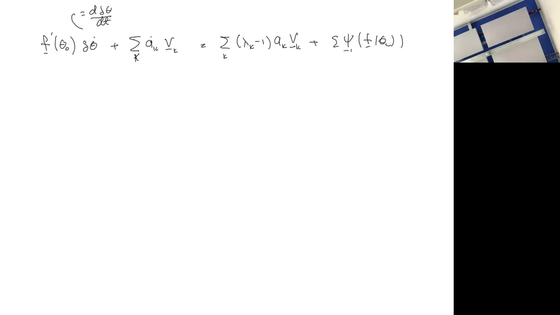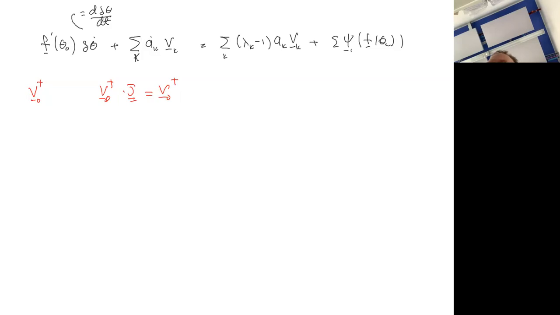Okay. So what do we do? We multiply by adjoint eigenvectors. So multiply by v0 dagger, which obeys v0 dagger dot J equals v0 dagger. Okay.